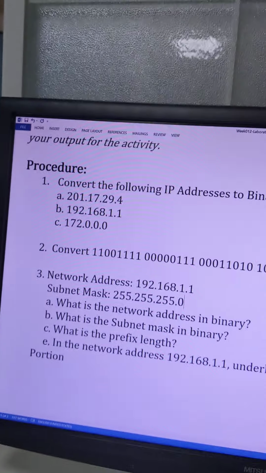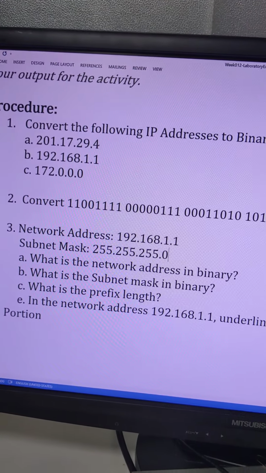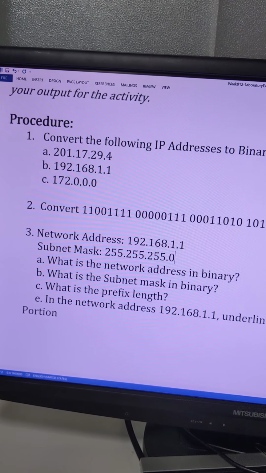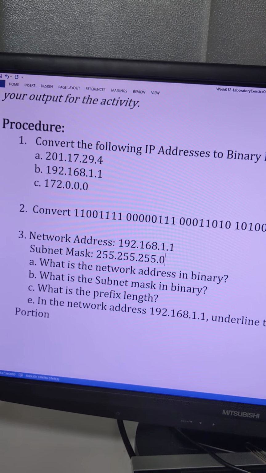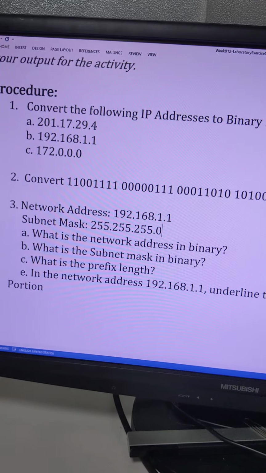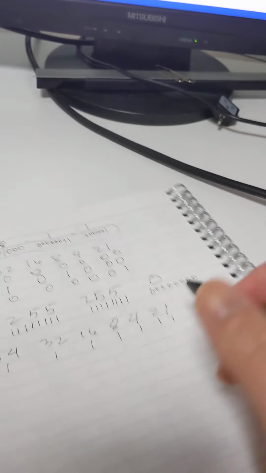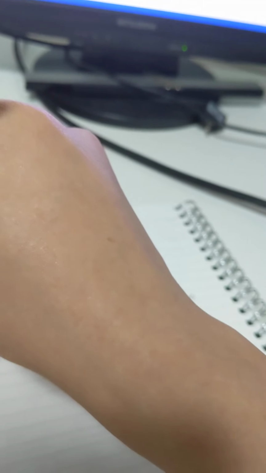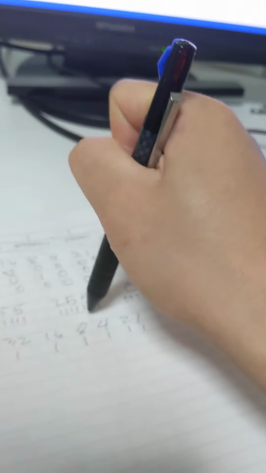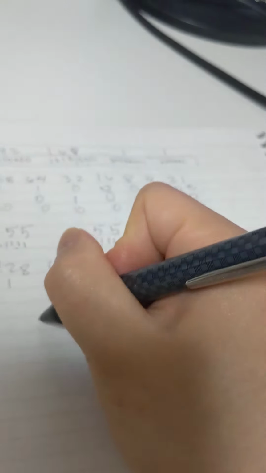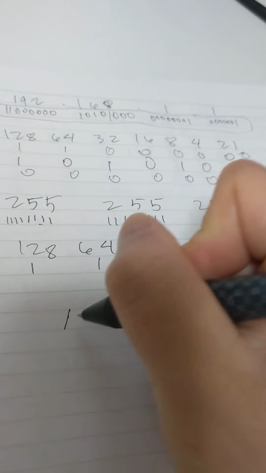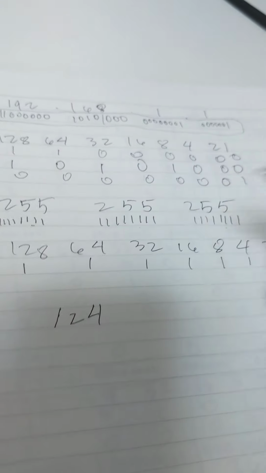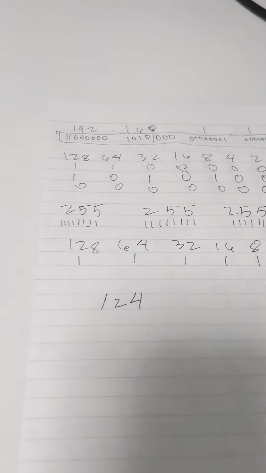And for C, what is the prefix length for the subnet mask? I think since we have 8 bits on plus 8 bits on plus 8 bits on, it would be 24. /24.